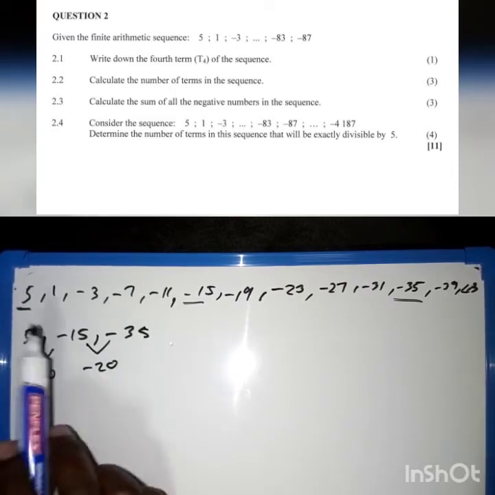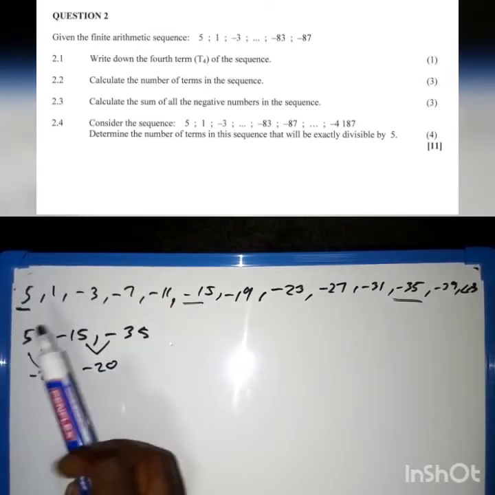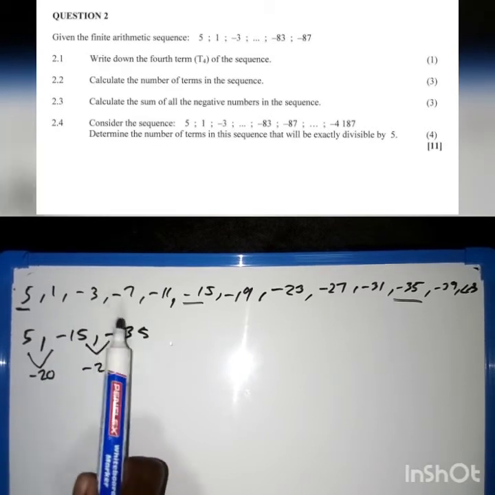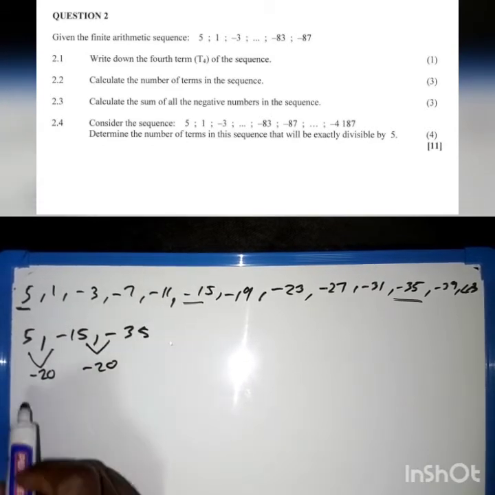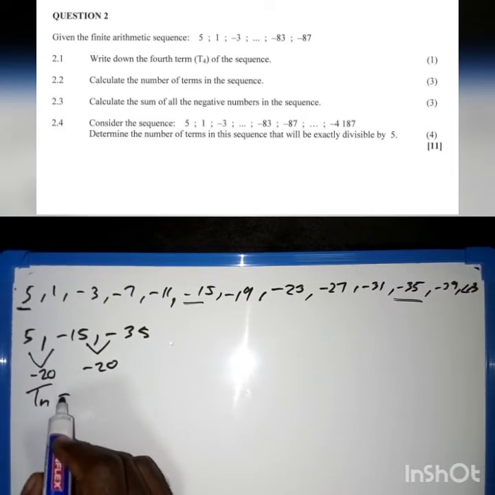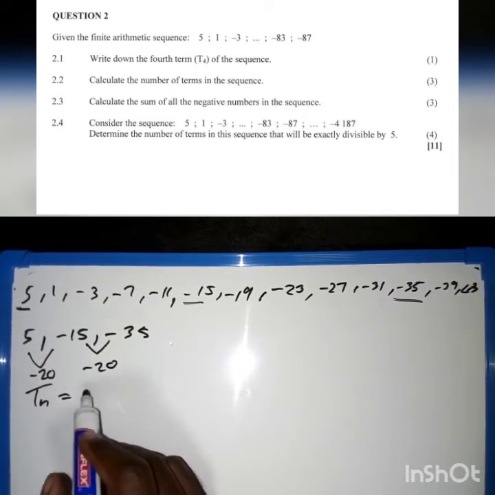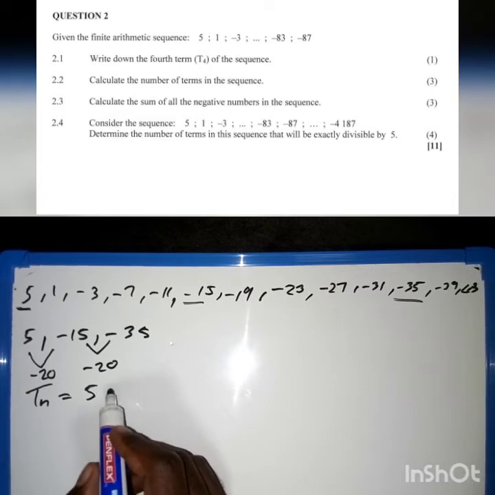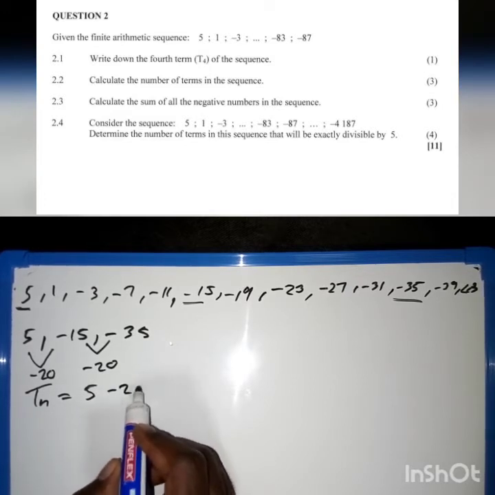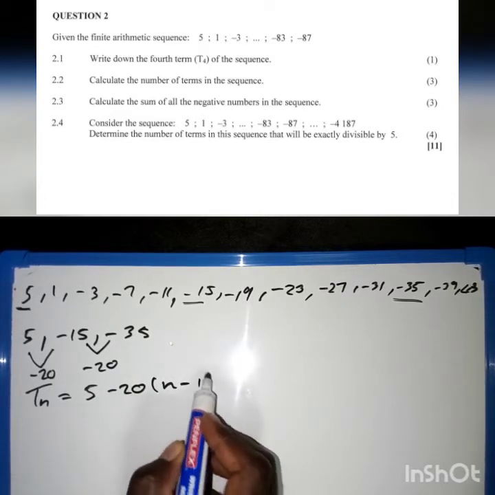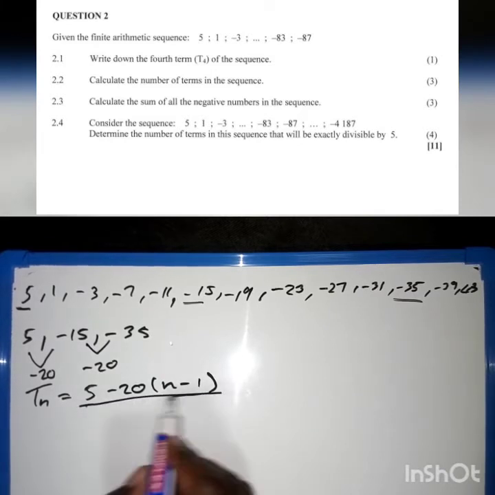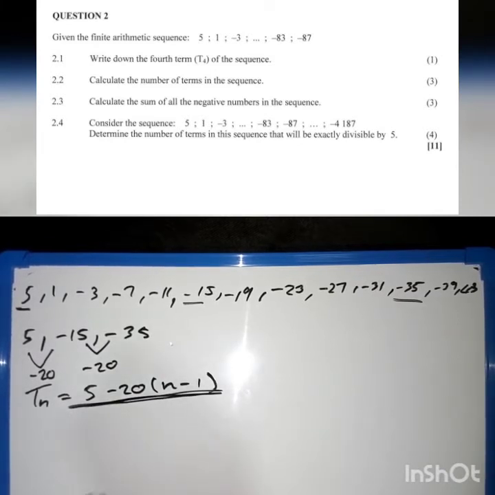So we can find a pattern for the numbers that are divisible by 5. The formula will be Tn is equal to 5, your d will be -20, times n minus 1. So this is the formula for the numbers that are divisible by 5.